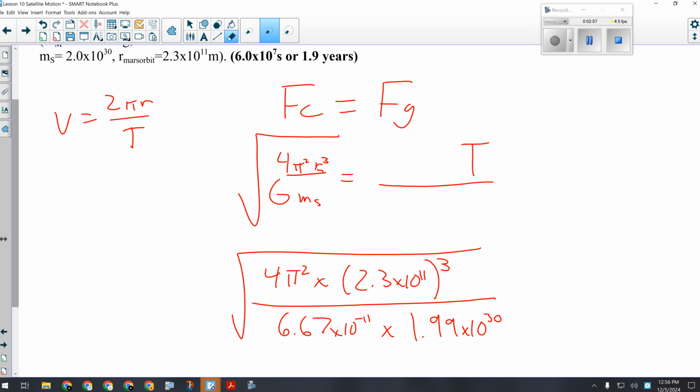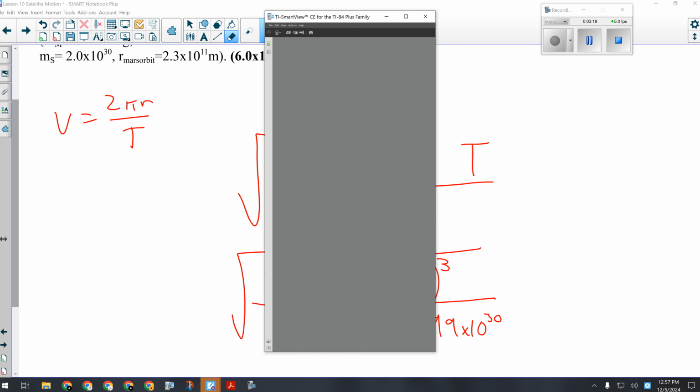When I punch all that into my calculator that I forgot to start up, I should end up with 6.0 times 10 to the 7 seconds. But we'll figure it out here in just a second. Eventually.